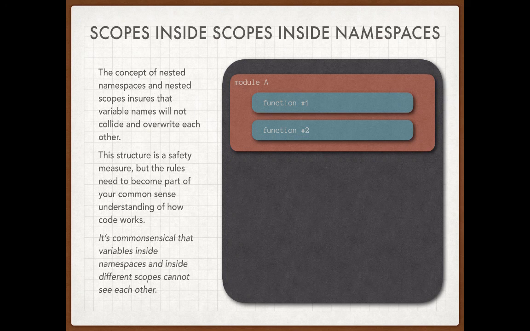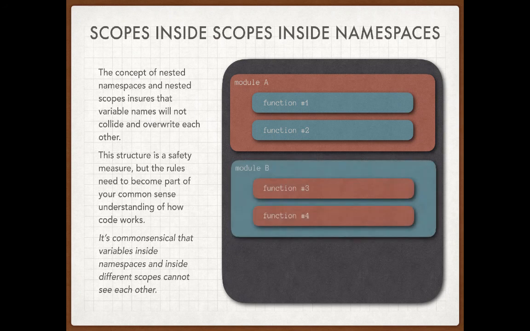Literally, I can't see it. The same thing will happen if I import module B. Let's say there are functions 3 and 4 in there. I can't call function 4 unless I tell Python that it exists in module B.